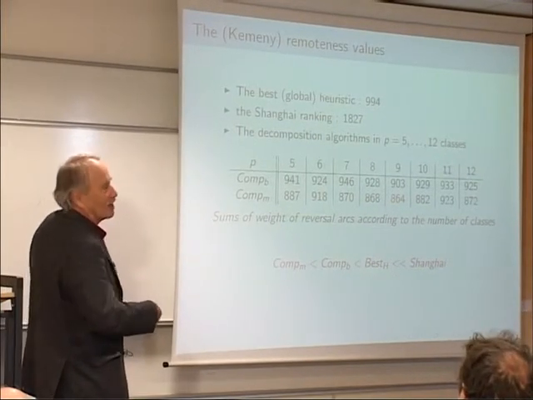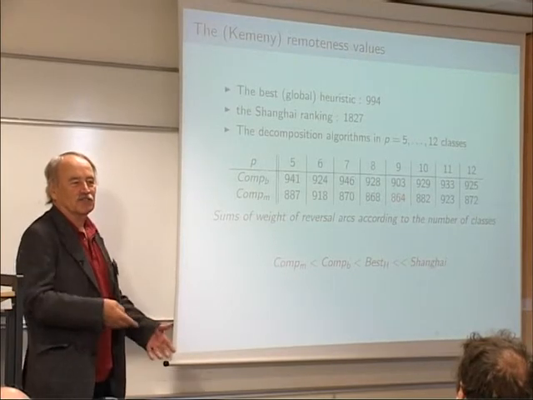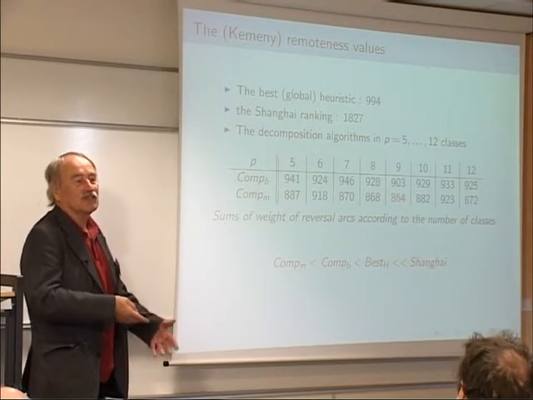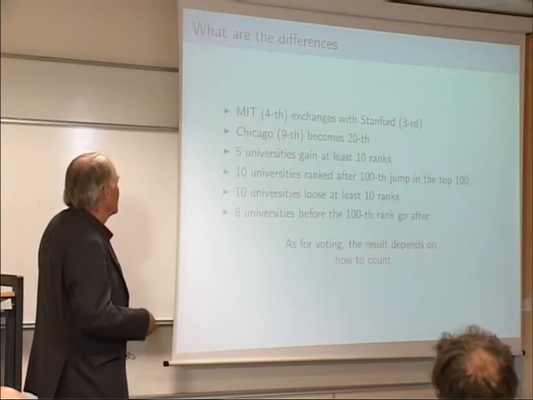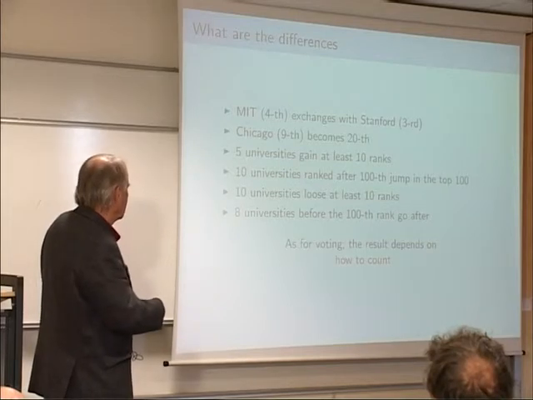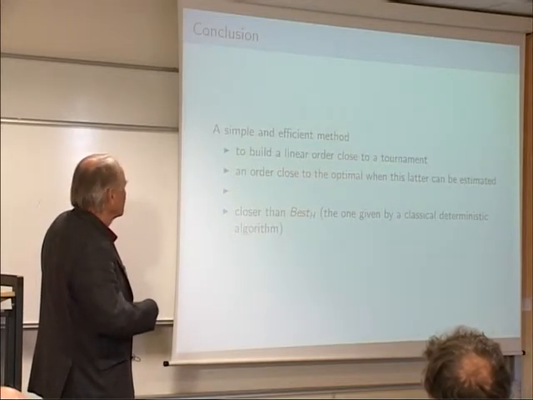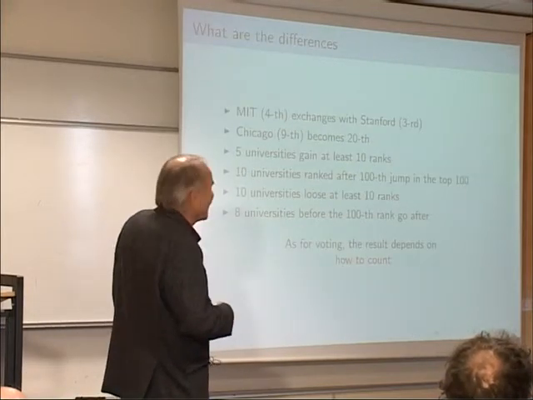But as it is well known in voting theory, the way you compute a winner, the winner depends on the method to compute it. And so, well, I don't insist on that. And so finally, the decomposition algorithm. The slide you had before, this was the most interesting.